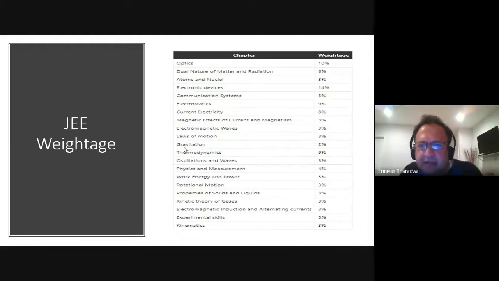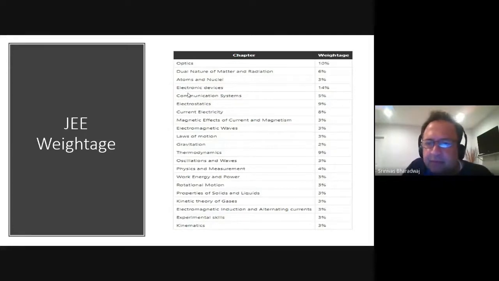If you see these five sections, in fact, they have almost 24 plus 9, 33 plus 5, 38%. Optics, modern physics, communication systems have more weightage in JEE.